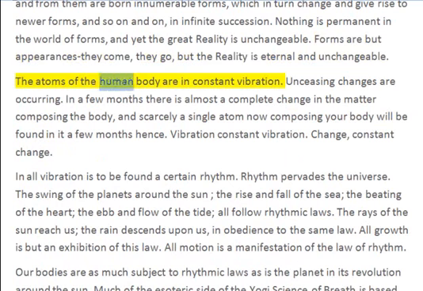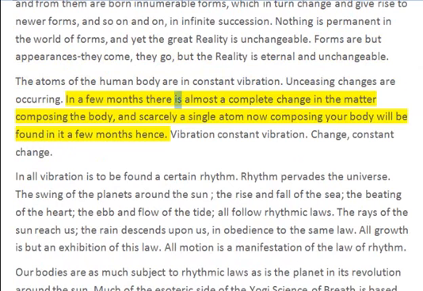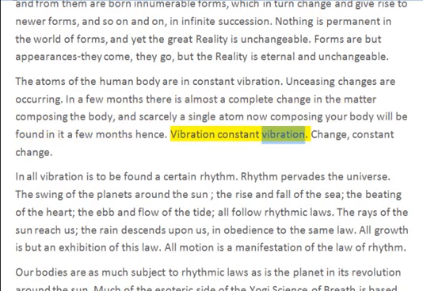The atoms of the human body are in constant vibration. Unceasing changes are occurring. In a few months there is almost a complete change in the matter composing the body, and scarcely a single atom now composing your body will be found in it a few months hence. Vibration, constant vibration. Change, constant change. In all vibration is to be found a certain rhythm.